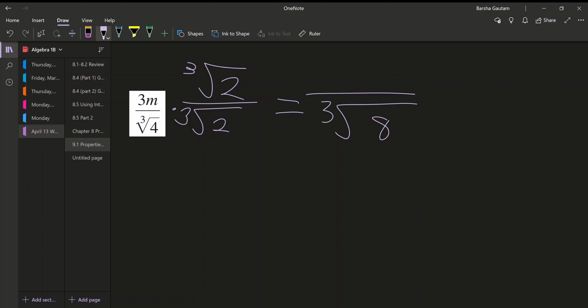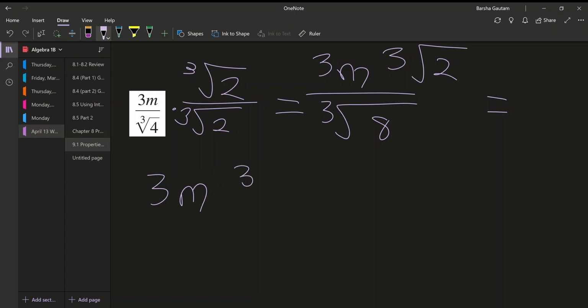And on the top, we're left with 3m and this. So now, let me fix this. Now the cube root of 8 is 2. So we're able to get rid of this symbol down here.